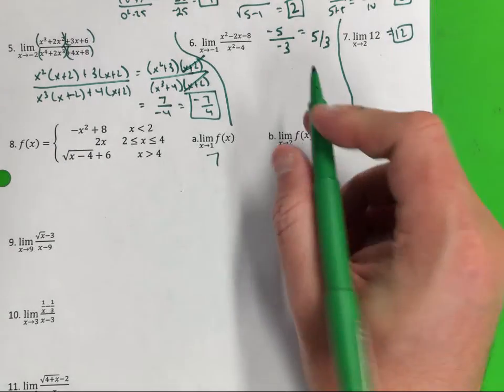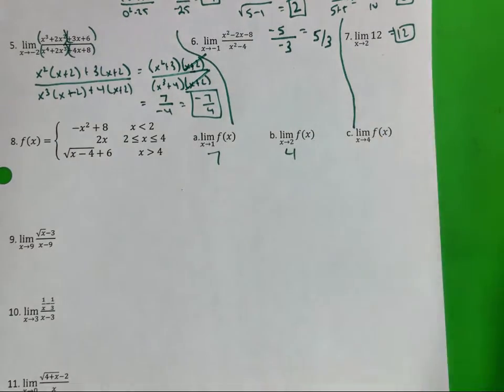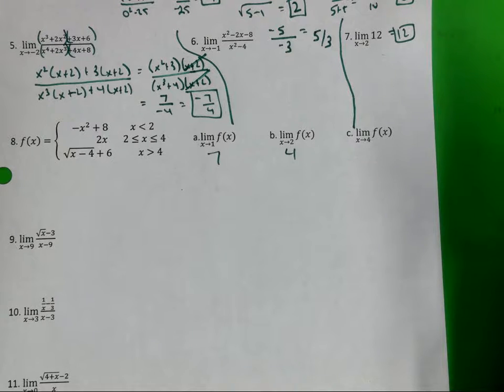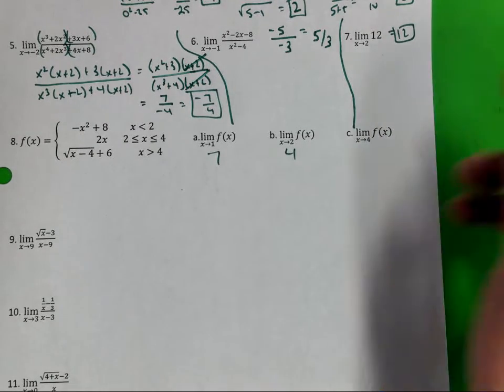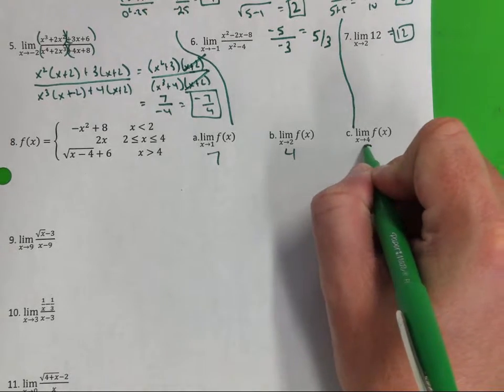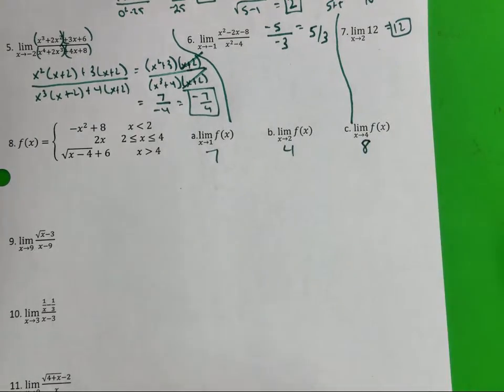Alright, so what's 2 times 2? 4. Alright, take the 4. Where am I going to plug the 4 in? Top, middle, bottom? 2 times 4 is? There you go. Are y'all good on those?